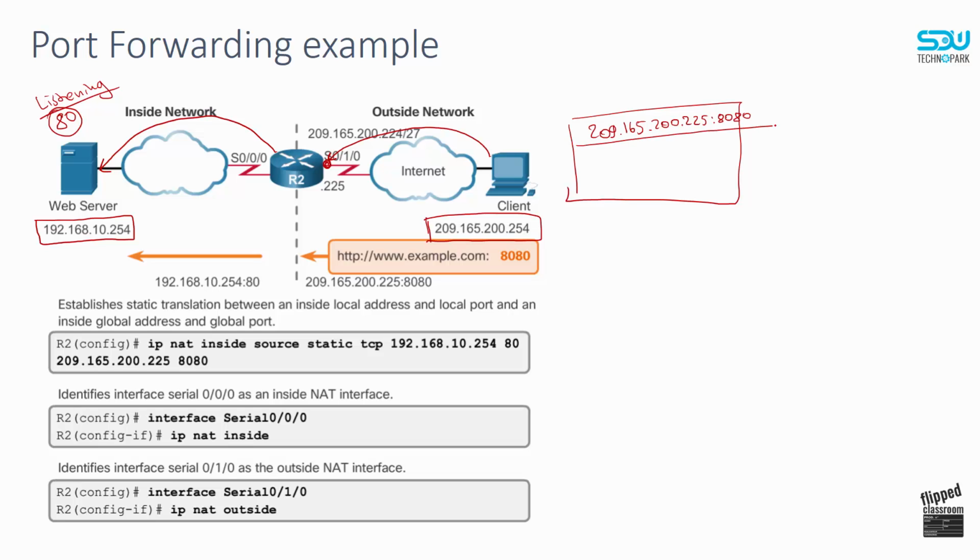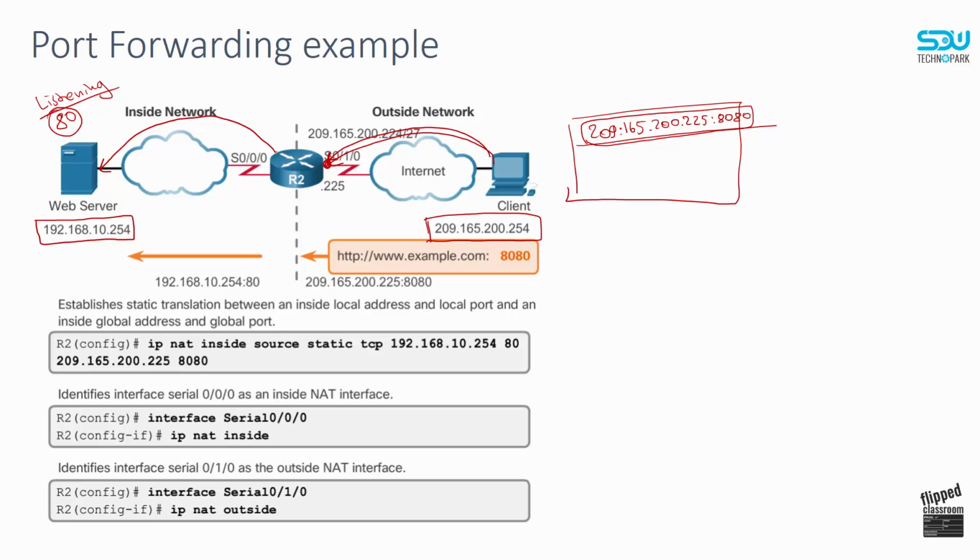When we type this, our client will make a request to the router. The router will take a look at the destination IP address and the port number, so it is actually called a socket.